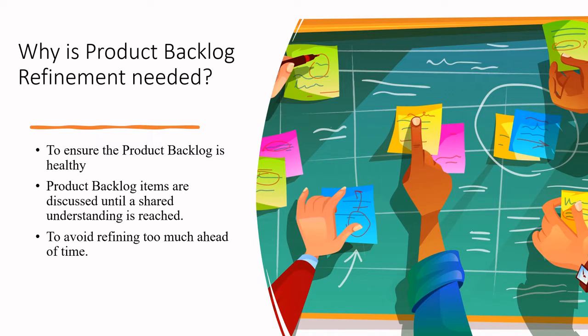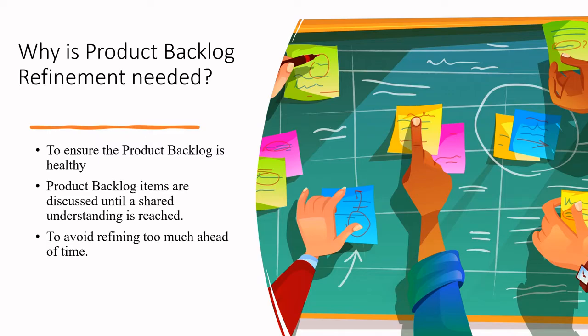A Scrum team knows that it is time efficient to refine only the top items in the product backlog, because they will inevitably learn new things that change their view of items further down or make them redundant. Therefore, Scrum teams refine only items they can move along with for the next two sprints. Ideally, we can spend some 10 percent on this refinement activity. However, it varies for every team.